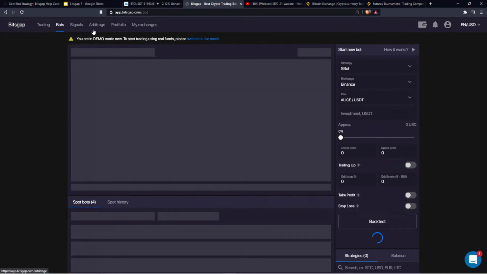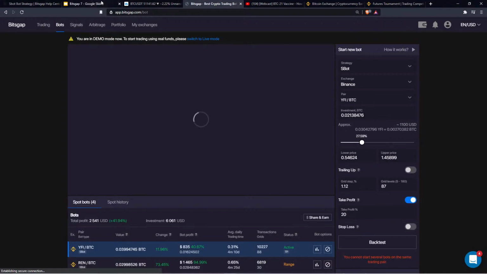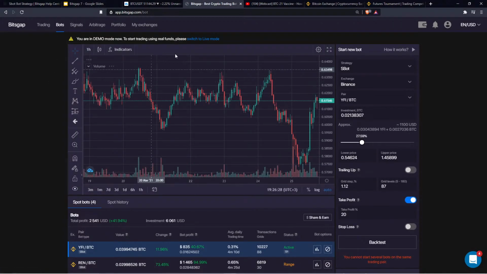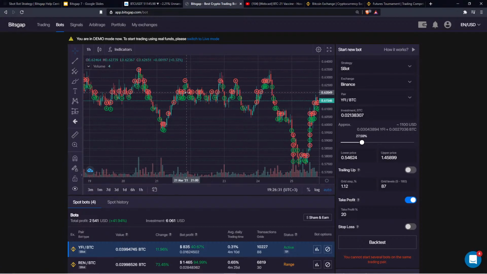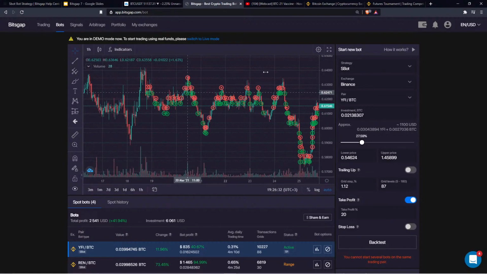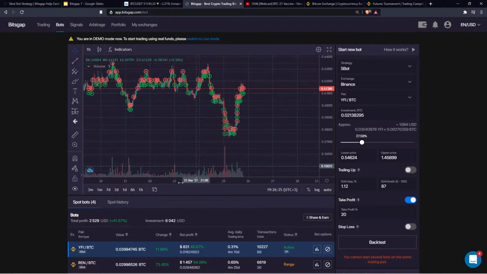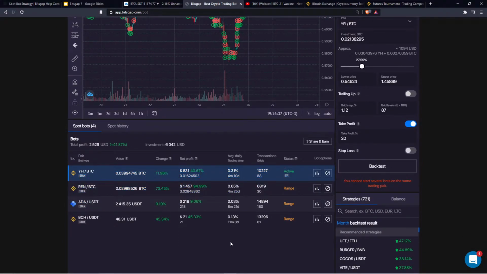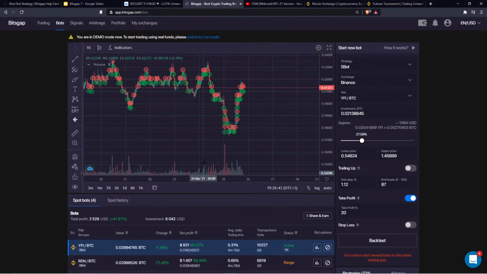So we go to the bots section over here, and you also have the chart here where you can conduct the technical analysis at your convenience. And you see I have some active trades already, some investment change so far, the return generated by the bot.